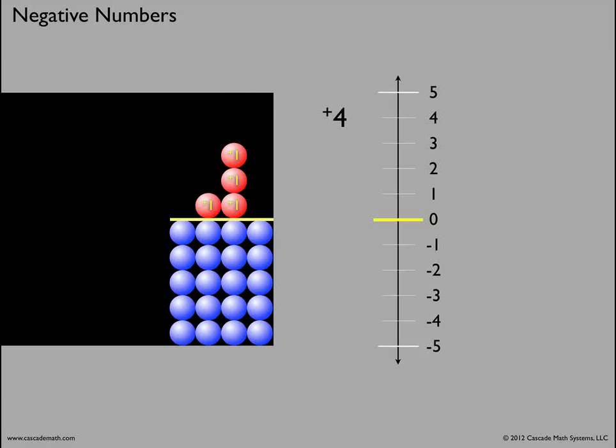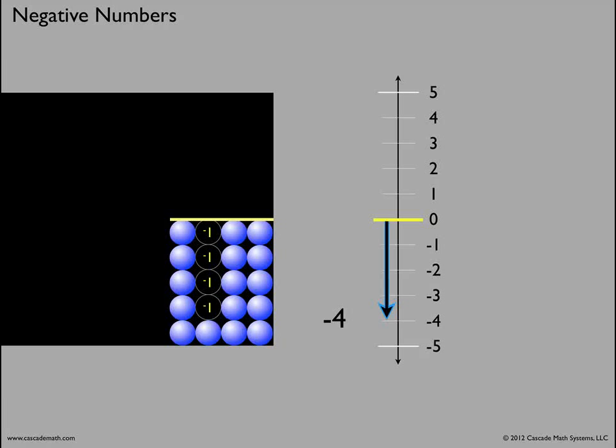Reset your trays. Now let's look at how we will represent negative numbers. Every empty space below the 0 line will represent a negative 1. Follow along on your trays as I represent negative values. Negative 1, negative 2, negative 3, negative 4.